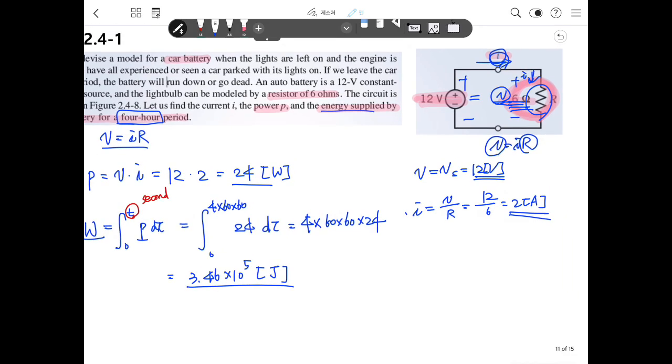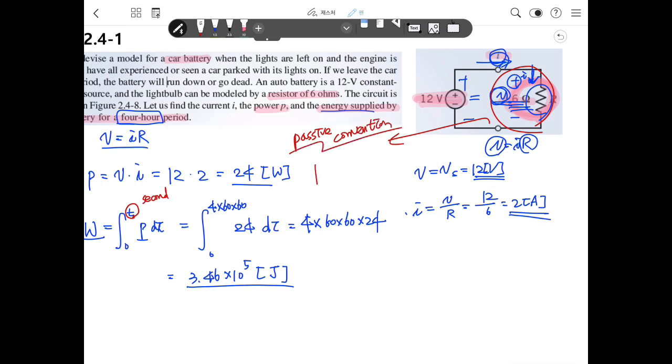Because we define the current as going into the positive terminal of the voltage, we use the passive convention.